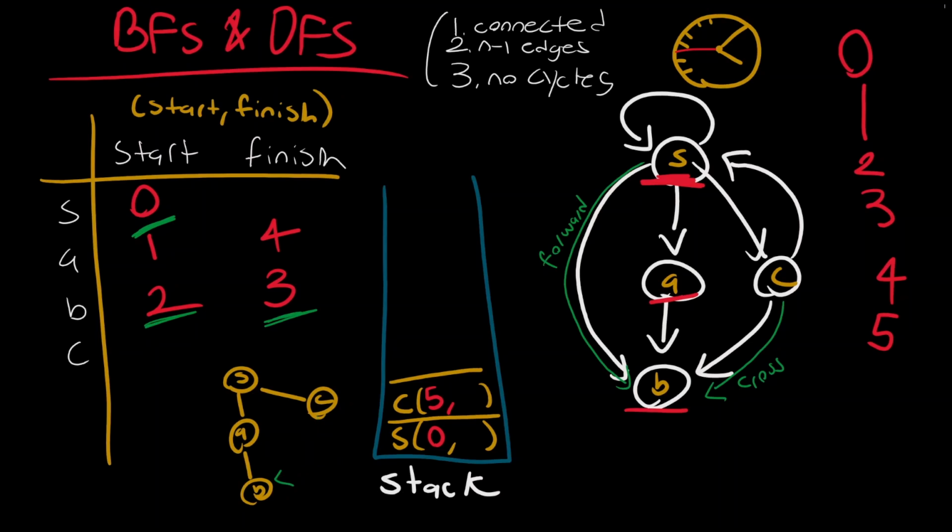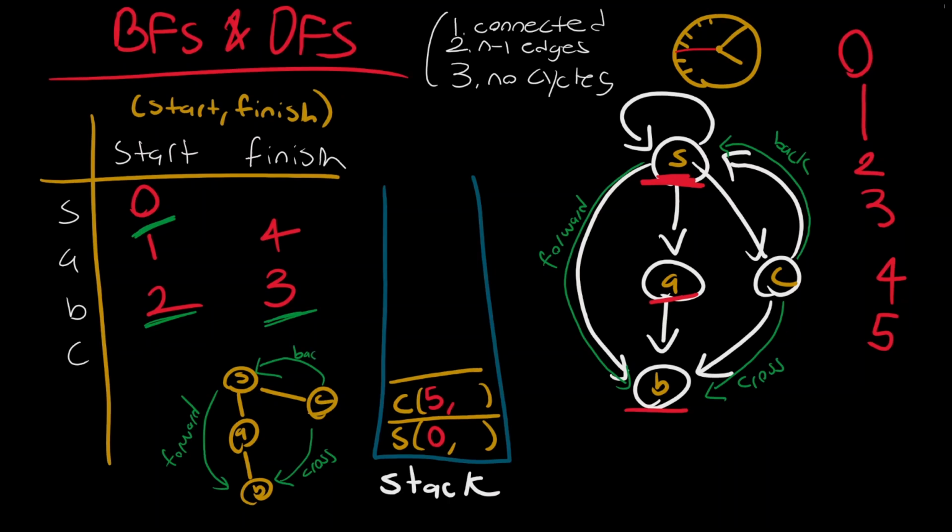Now, let's start drawing them out a little bit over here too, to make it apparent. So forward. This last edge we're going to look at here is a back edge, because we're going back to an ancestor that's in the tree.